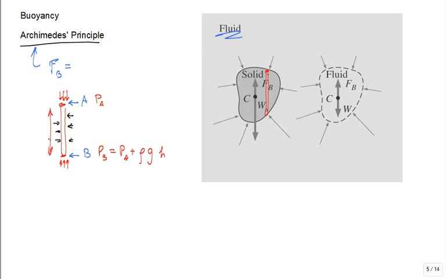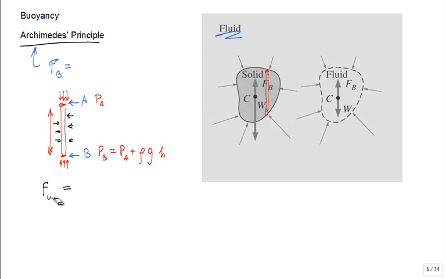So the net force will be upward or downward directed. The top is lower pressure, the bottom is higher pressure. It will be upward directed on that cylinder, due to the difference in the pressure on the fluid.